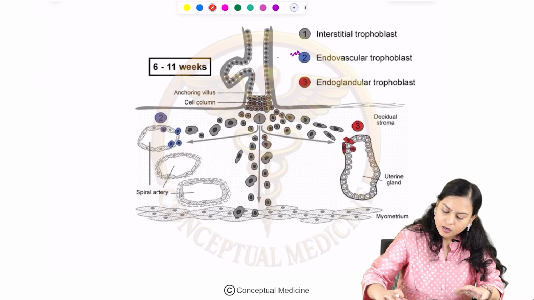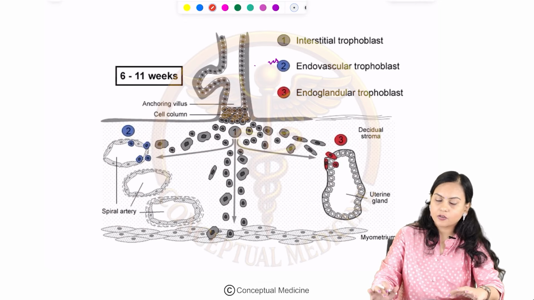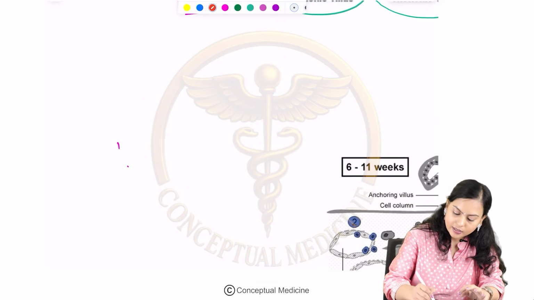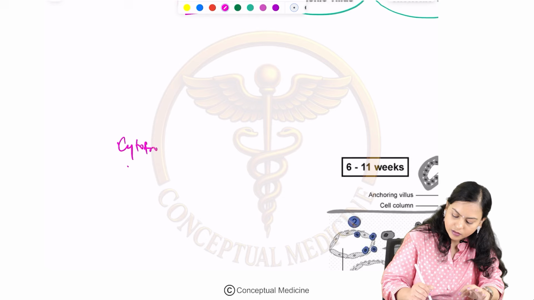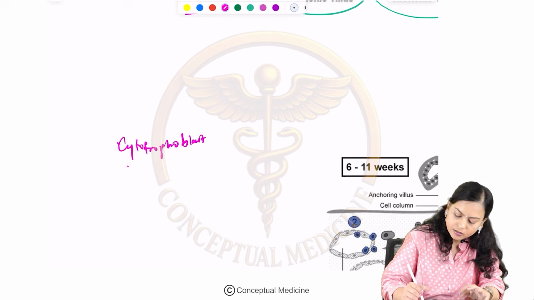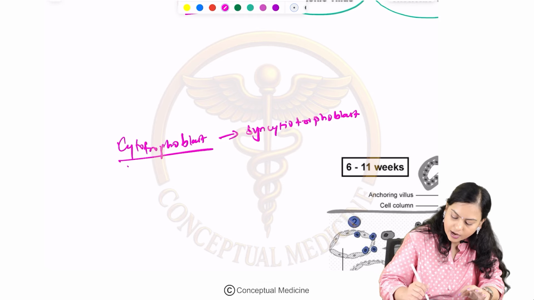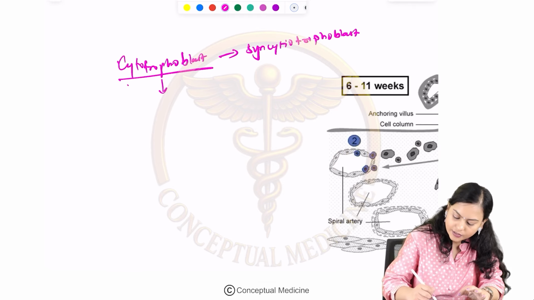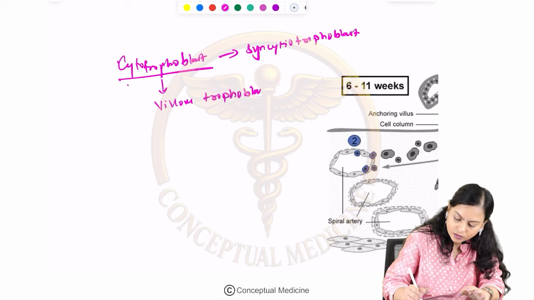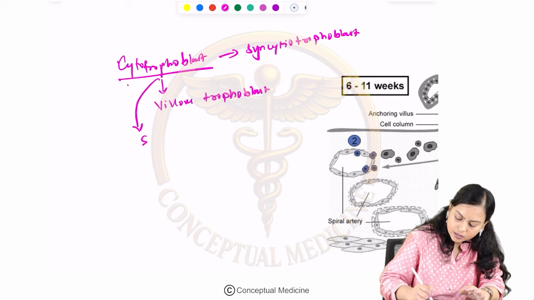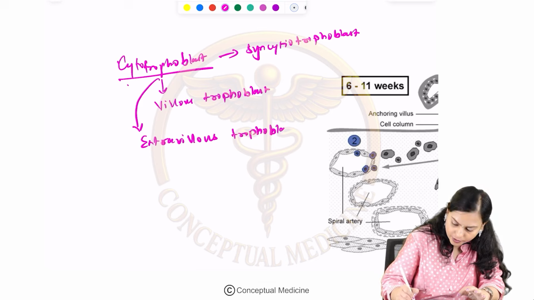Now this trophoblast, cytotrophoblast, we have already seen it is going to become the syncytiotrophoblast as well as the villus trophoblast. Some of the other cells of the cytotrophoblast are known as extravillus trophoblast.